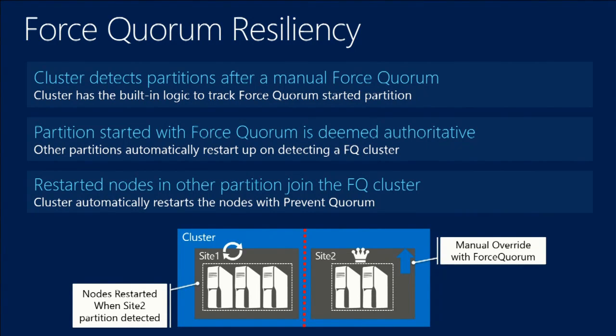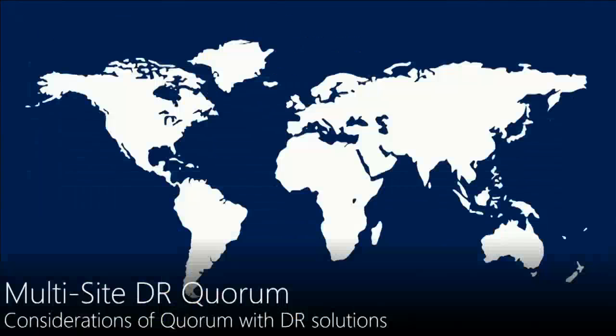And so the primary site nodes go down and restart using prevent quorum automatically for you. So that's a big enhancement around force quorum resiliency that we have made in R2.